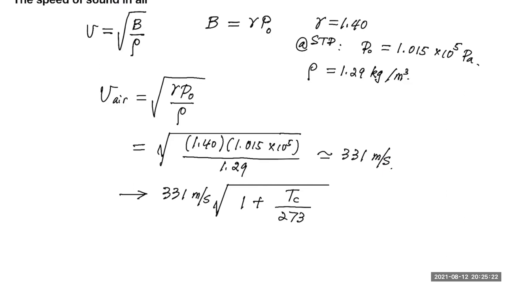What if the temperature is 30 degrees Celsius? Then you don't just have 331 meters per second, you have to multiply this by a corrective factor, and that factor is 1 plus 30 over 273. So the higher the temperature, the faster the speed of sound is. That makes sense not just from the pressure point of view, but also from the microscopic point of view.